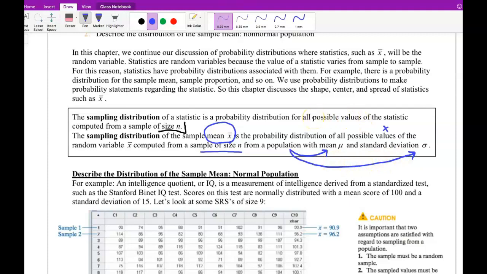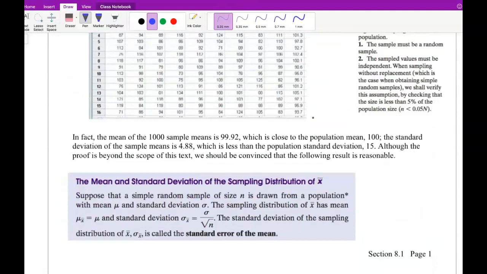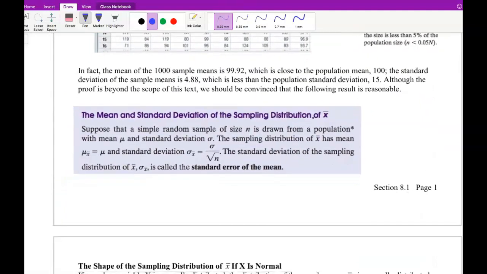So I'm memorizing what we had on top, and I'm writing it here. For the population, the mean is mu, and for the standard deviation that is equal to sigma.